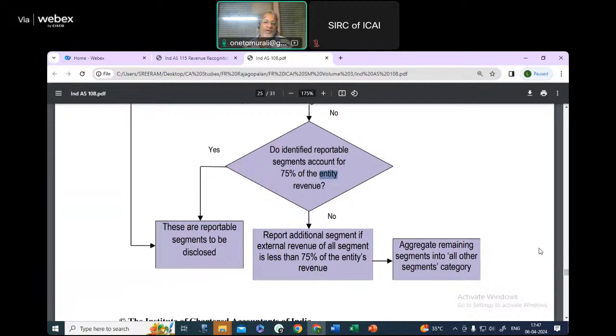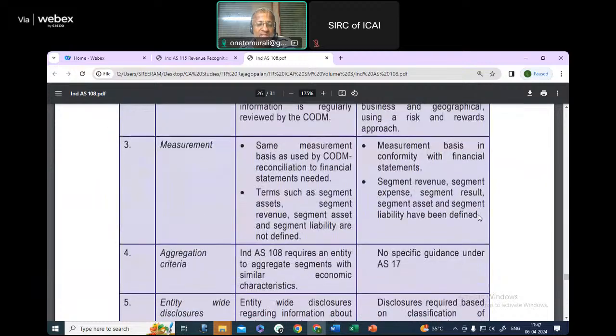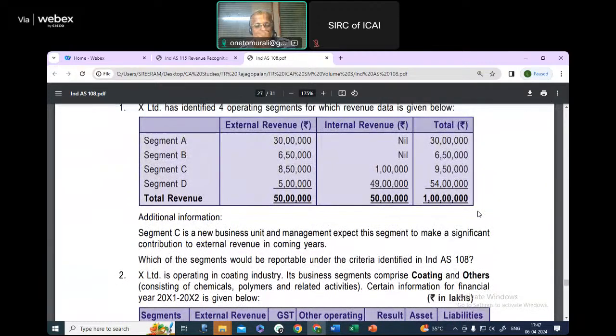If external revenue of all segments is less than 75%, aggregate remaining segments into an all other segments category. Once that is satisfied, then you don't have to continue with this activity. You can have some of the segments need not be reported at all, need not be classified as reportable operating segment.